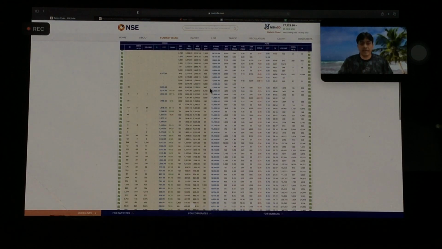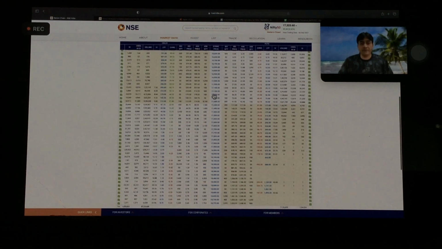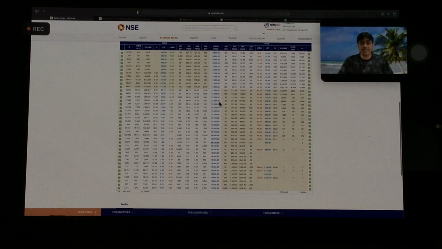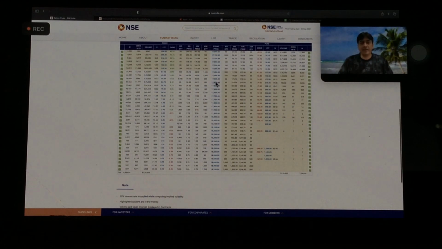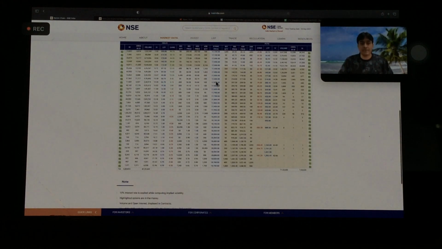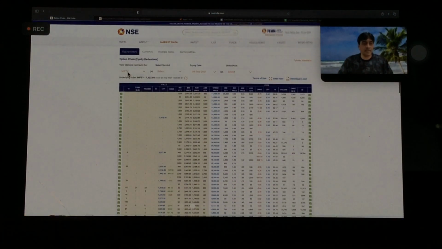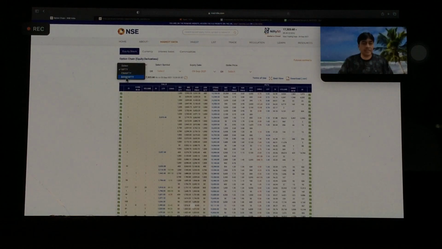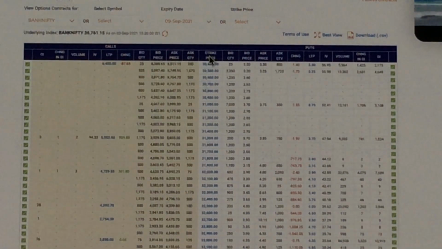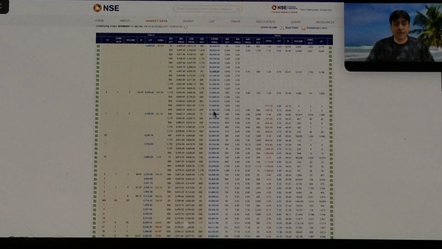Like here we can see 17,300, 350, 400, 450, 17,500, 550, 17,600, 650, 17,700 and downside 250, 200, 150. Likewise, every 50 points there will be a strike price. Here we can change whatever we want to check. If I want to check Bank Nifty, I will click on Bank Nifty. It's showing me strike prices for Bank Nifty.